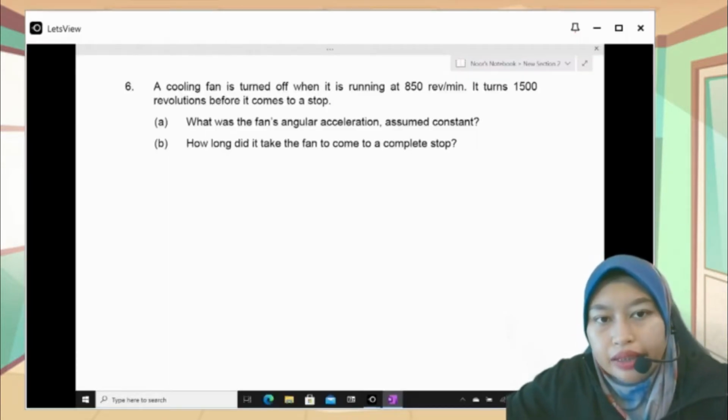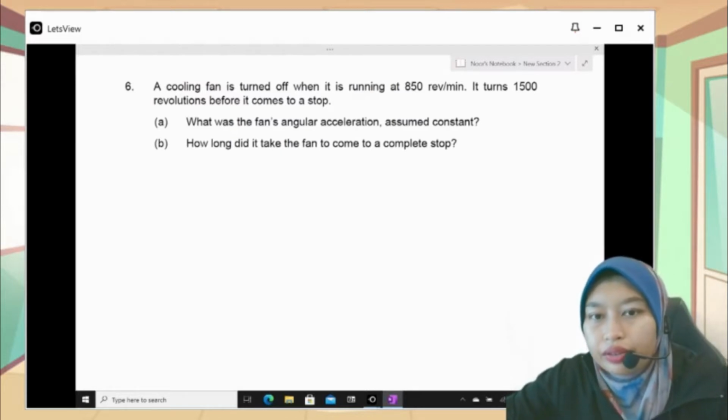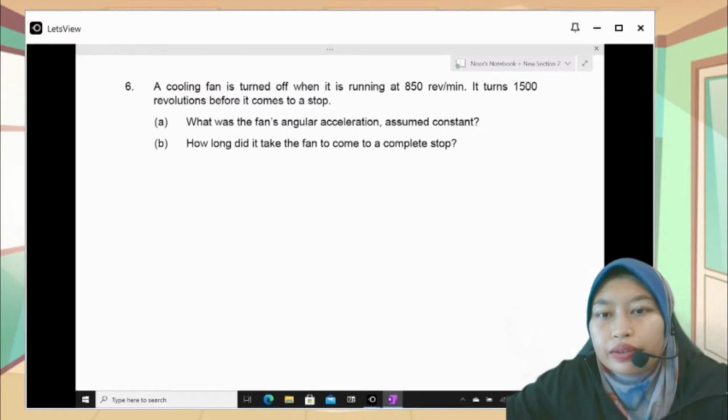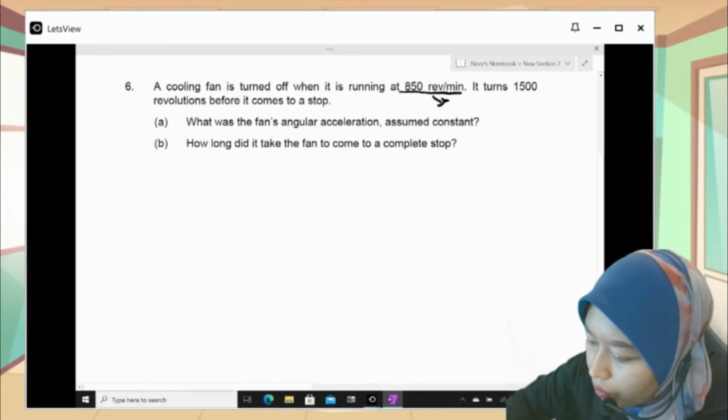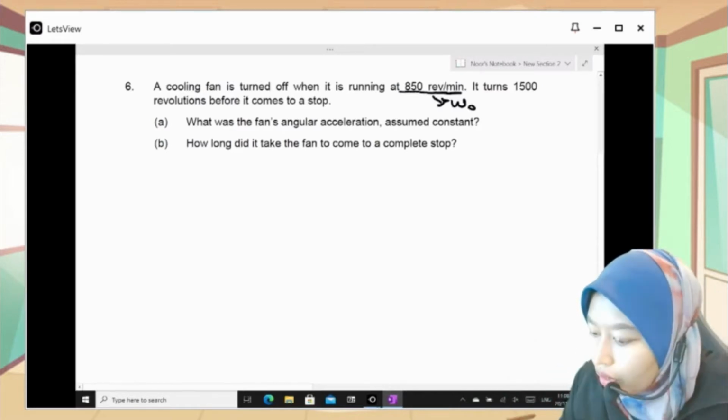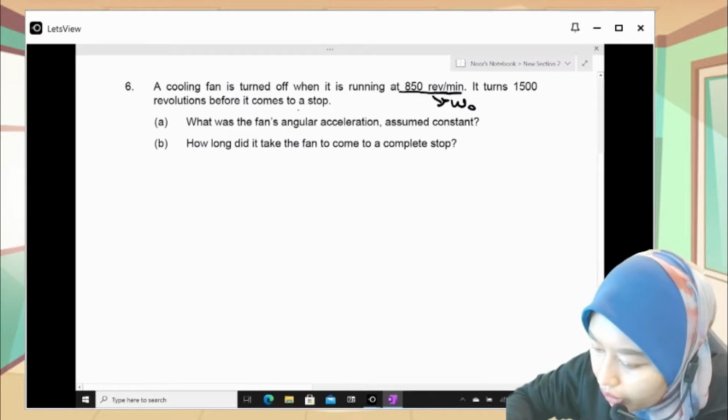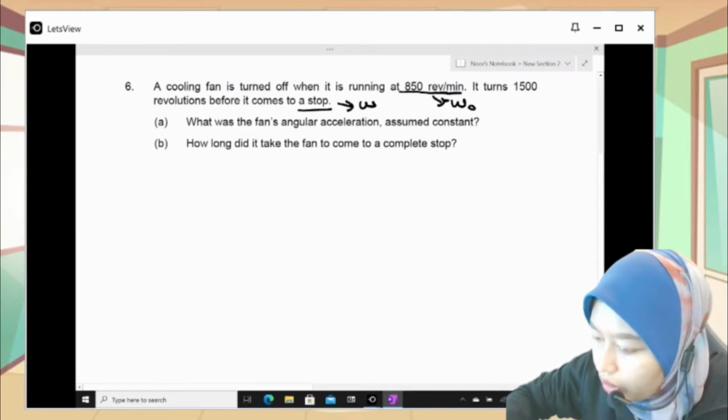Let's see, number 6. A cooling fan is turned off when it is running at 850 revolutions per minute. It turns 1500 revolutions before it comes to a stop. Initially omega naught is 850 revolutions per minute and then it comes to a stop, so this is omega.